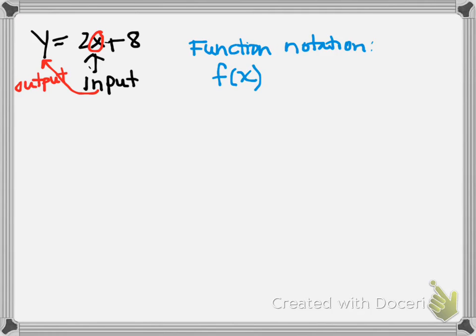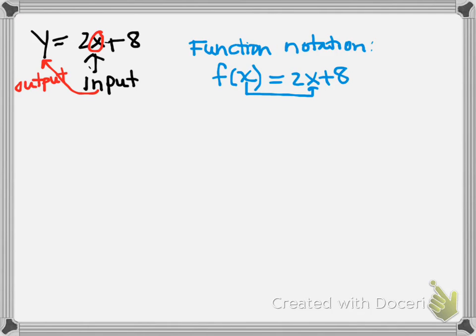So they would take that equation and say it's this: the function f in terms of the variable x is 2x plus 8. We've named it f for whatever reason we want, and the variable has to match the variable of your equation. Okay?